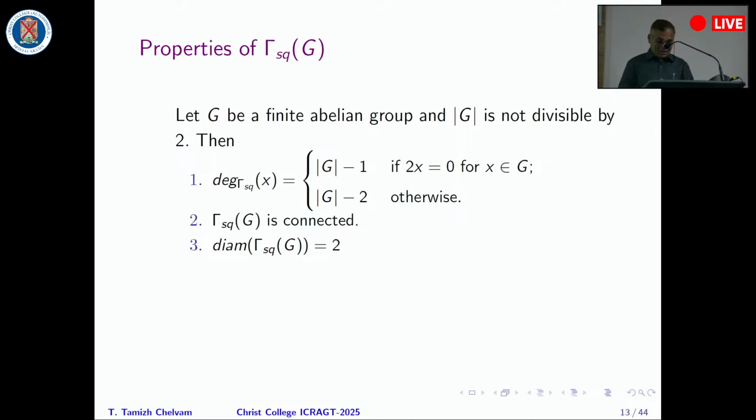Of course, I am surprised, maybe I don't know the reason for that. Almost every graph constructed from algebraic structures, whether a ring or a group or a semigroup or even vector spaces, has diameter less than or equal to 3. What is the reason, I don't know.